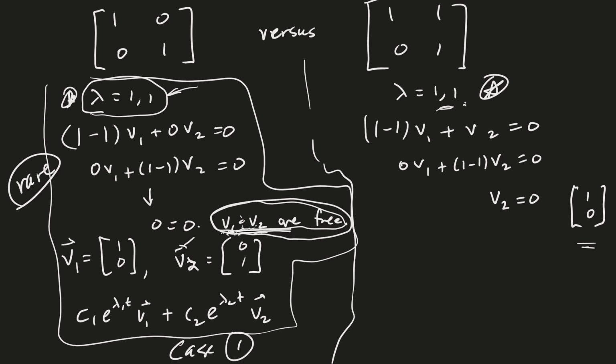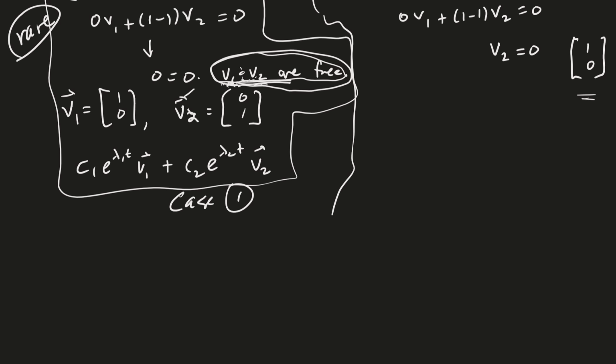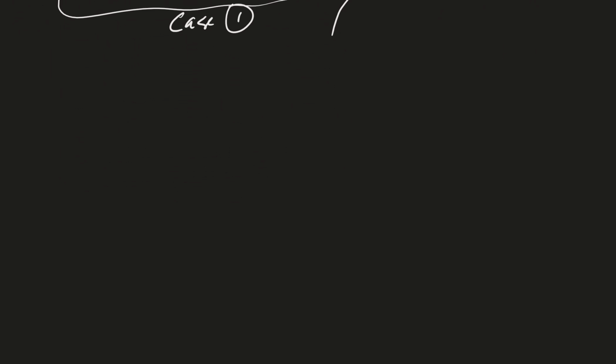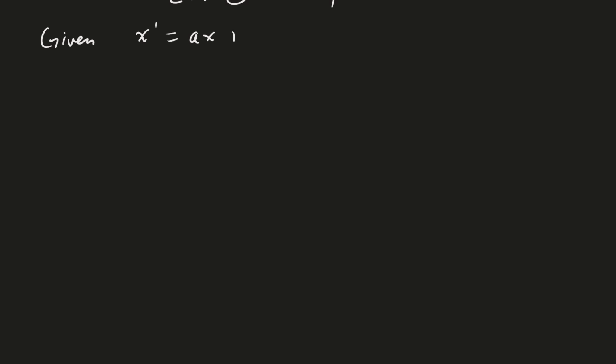Well, there's a couple ways to write the solution for what we're about to do. I don't like to do it this way, but I'm going to just tell you what the answer is, and then we're going to check that it works. So given x prime equals ax plus by, y prime equals cx plus dy.